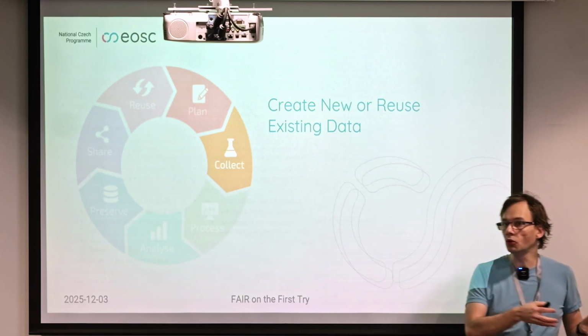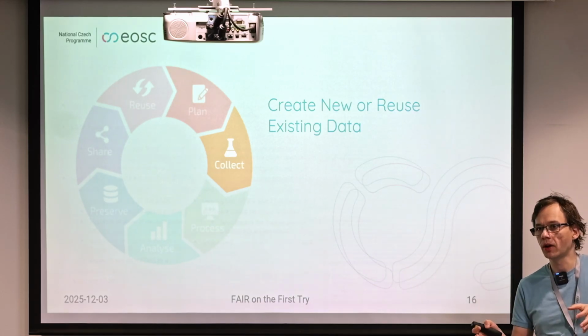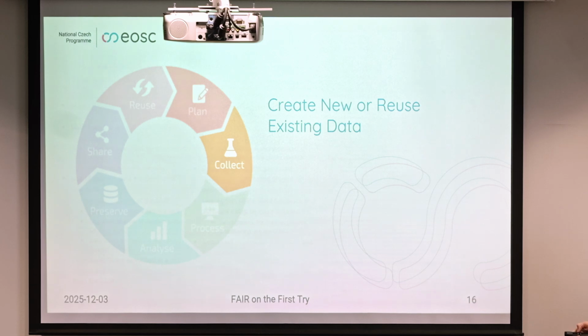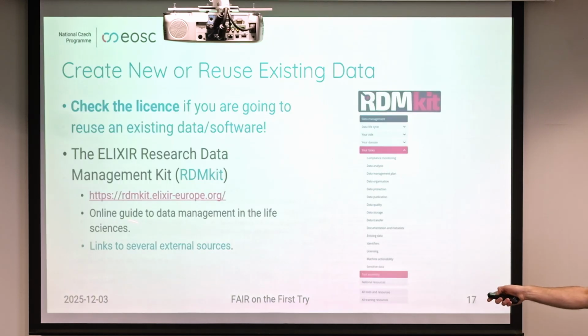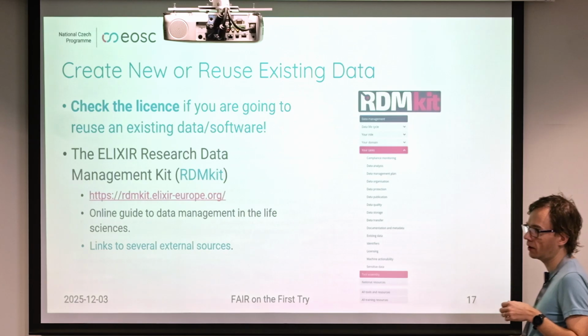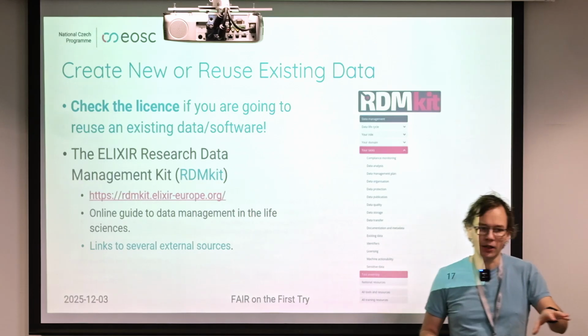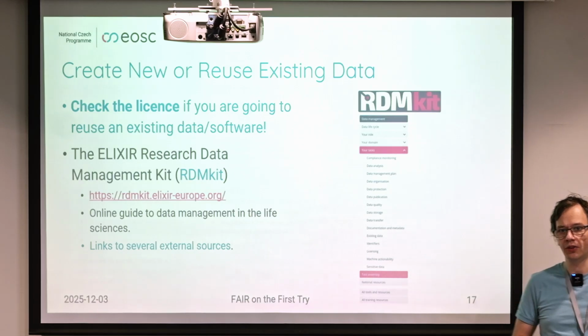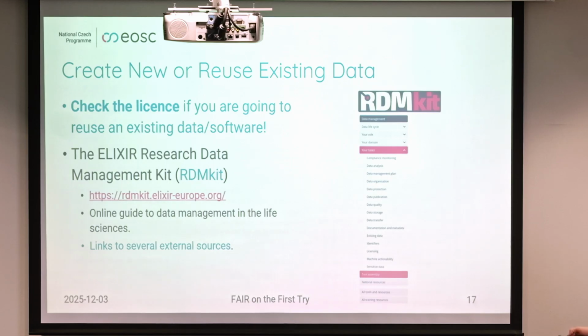So now, collection of data. Basically, you can reuse some existing data, or you can create your own. A very important thing is to check the license of anything you are using and attach a proper license to anything you are publishing. There is a website called RDM Kit by Elixir, and that's something that can be useful for you.